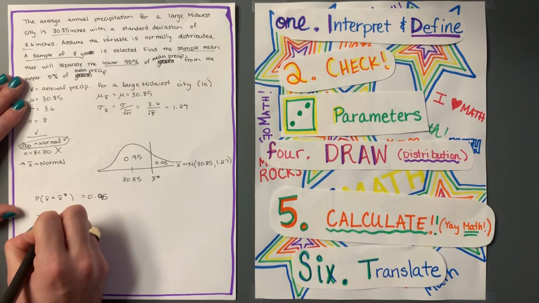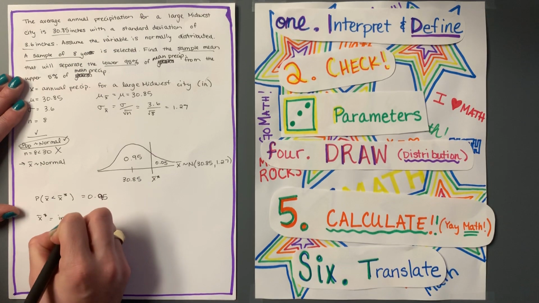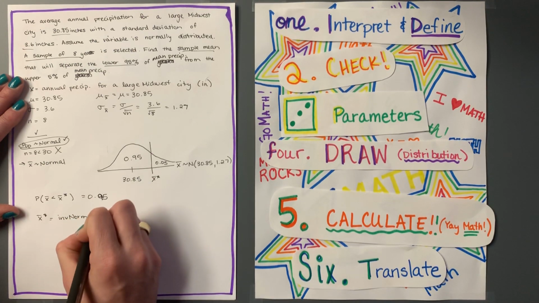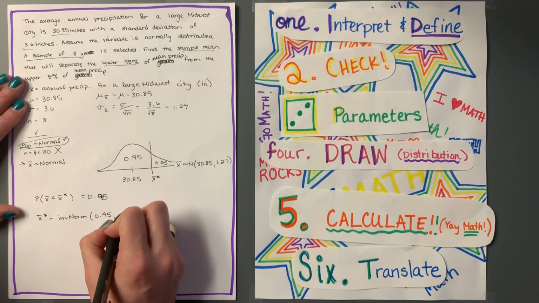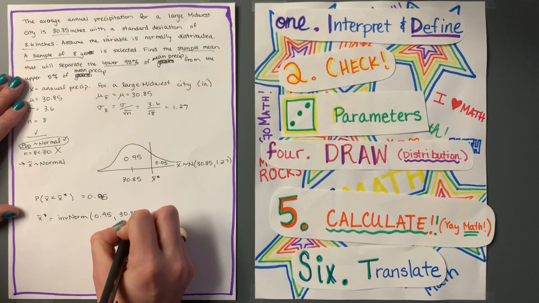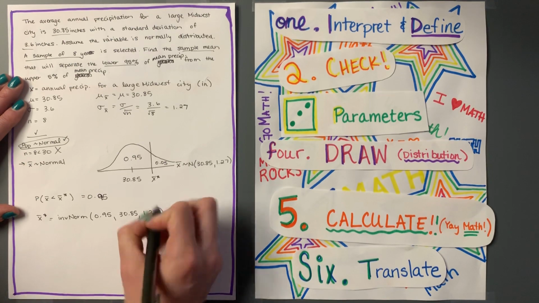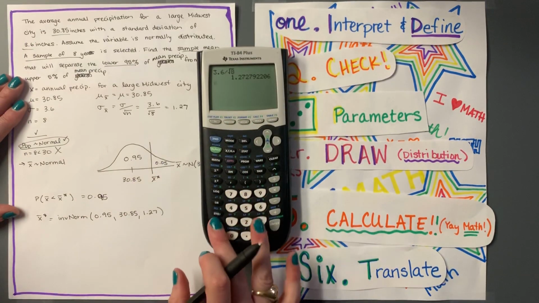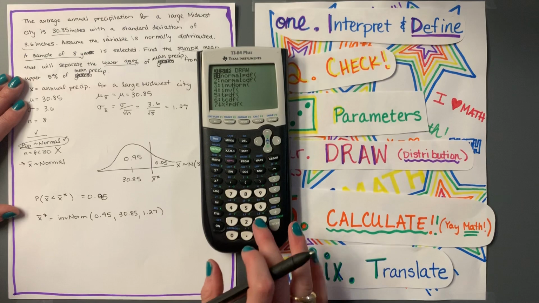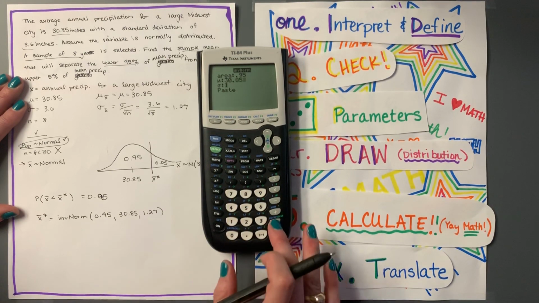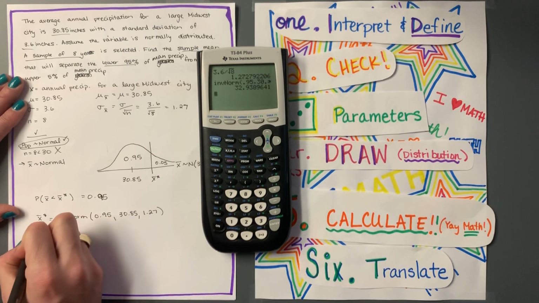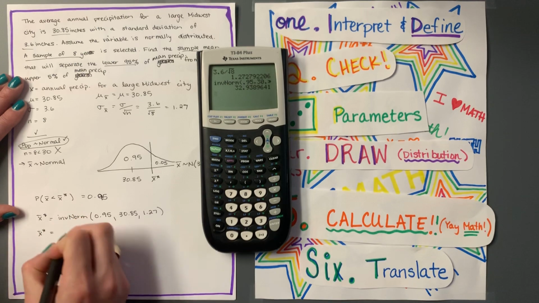So X bar star is equal to inverse norm of the area to the left, which is 0.95, the mean, 30.85, and the standard deviation, which is 1.27. So 0.95, 30.85, 1.27 gives me a value of 32.94.